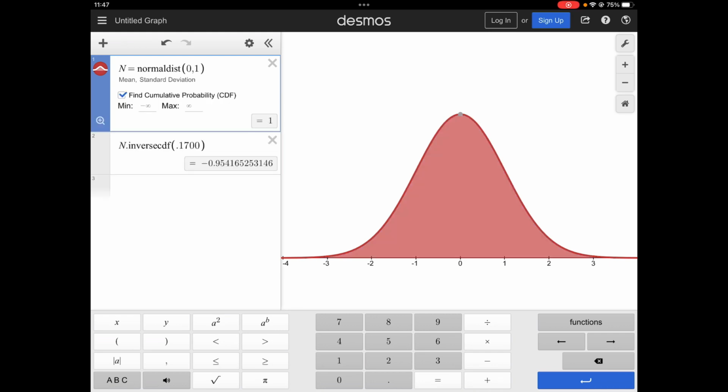Like, let's say we're doing something in the standard and the top range is 0.97725, and our bottom is 0.15866.